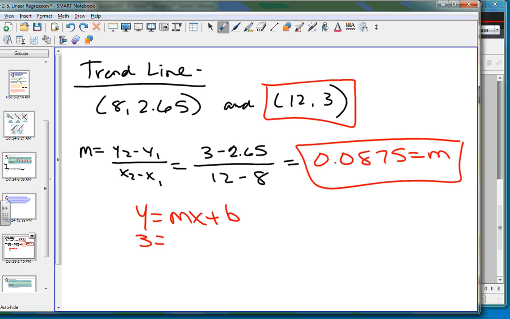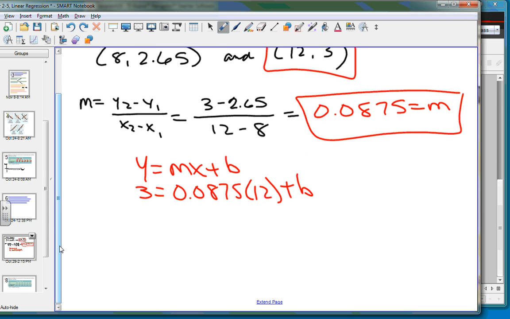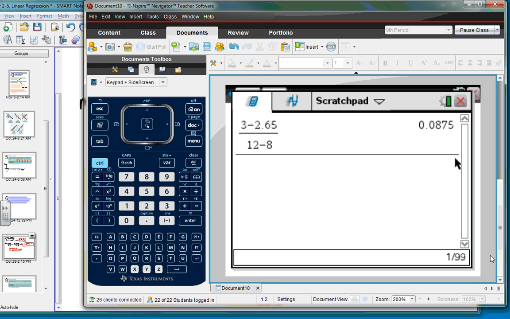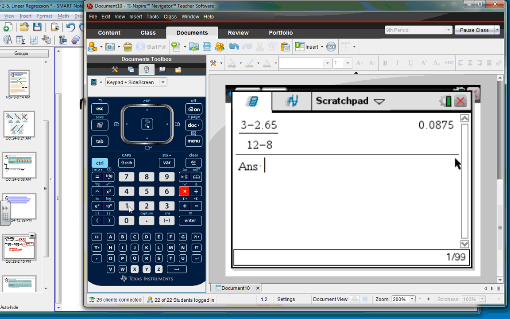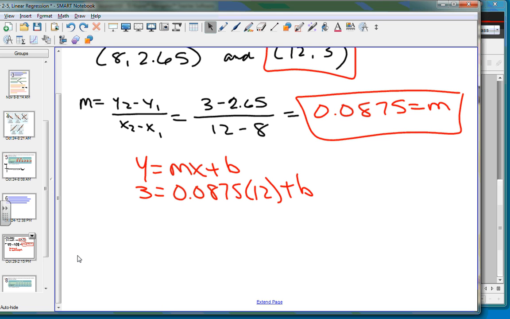Y is 3, M is 0.0875, X is 12, plus B. And you're going to solve this thing for B. So if I come over here, watch, I can actually say times 12 and hit enter because it's going to take that answer that I previously had. It already has it trapped in its memory, and it's going to give me a number of 1.05.